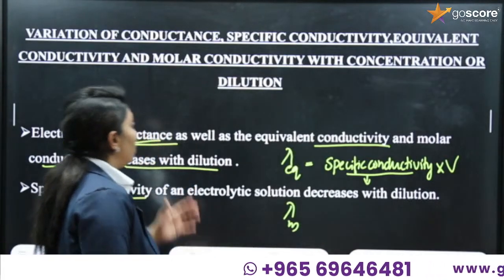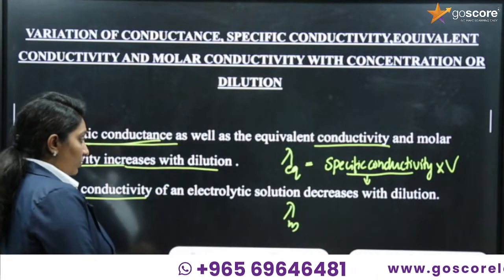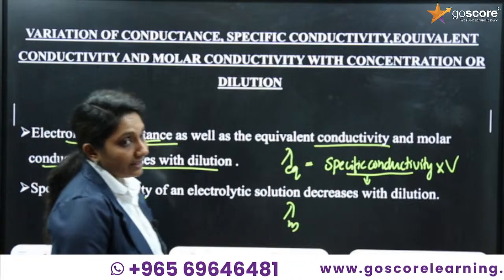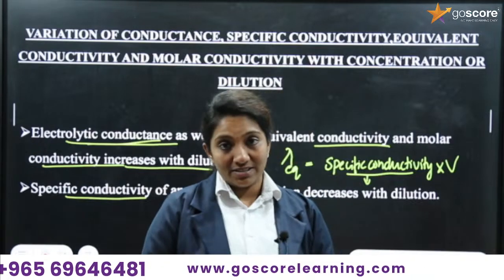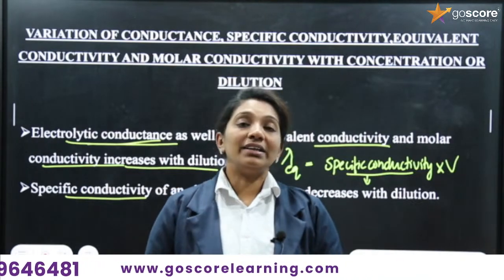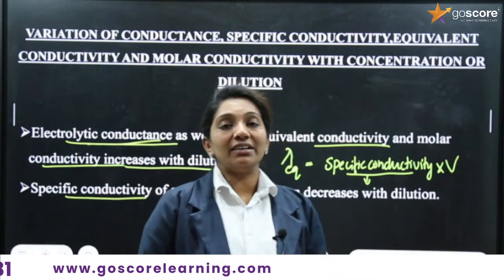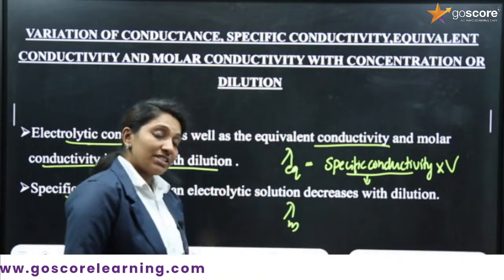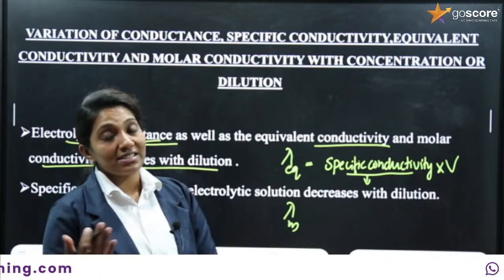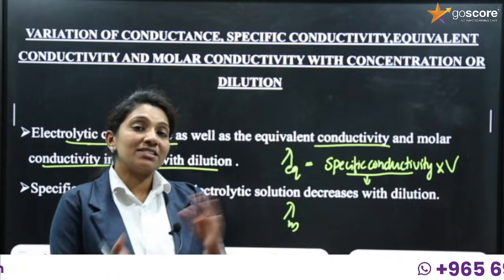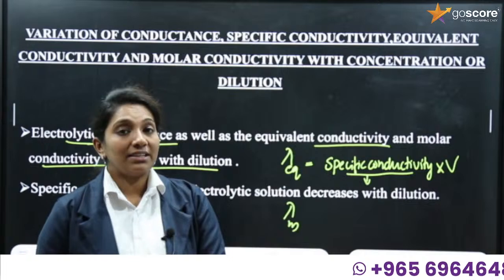Okay. So, when you dilute the electrolytic solution, what happens? The conductance is increasing because of the increase in the number of ions upon dilution, and the equivalent conductivity and molar conductivity are also increasing because the decrease in the specific conductivity is compensated by the increase in the volume.